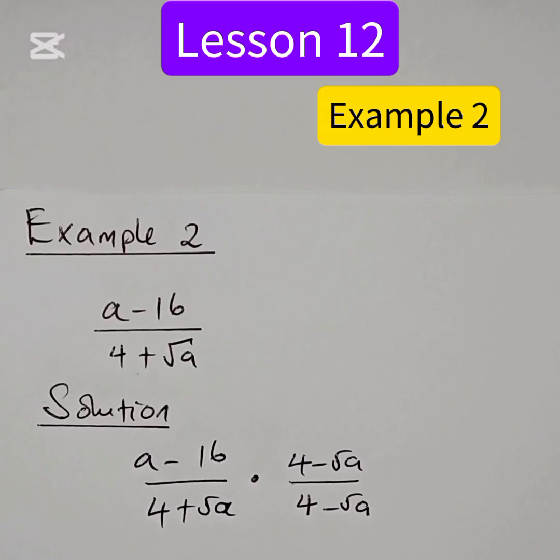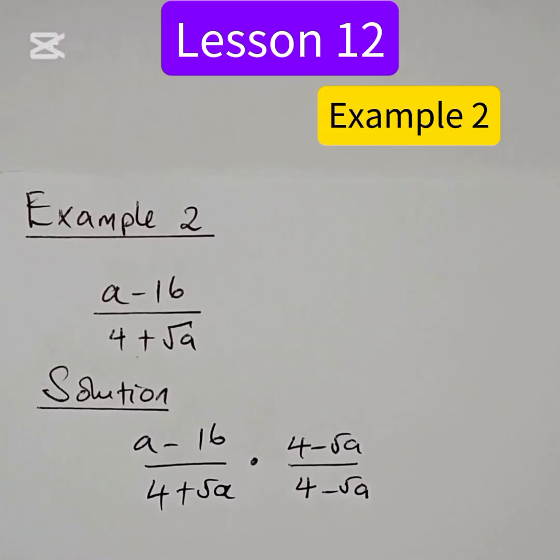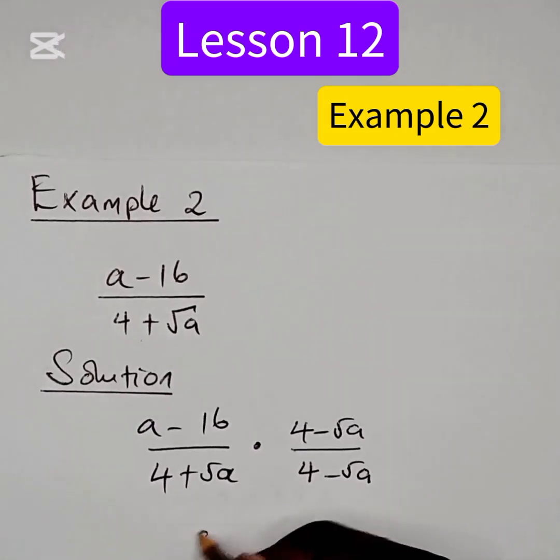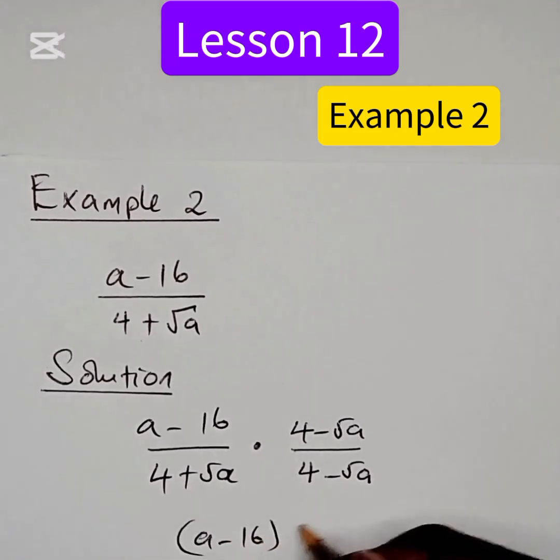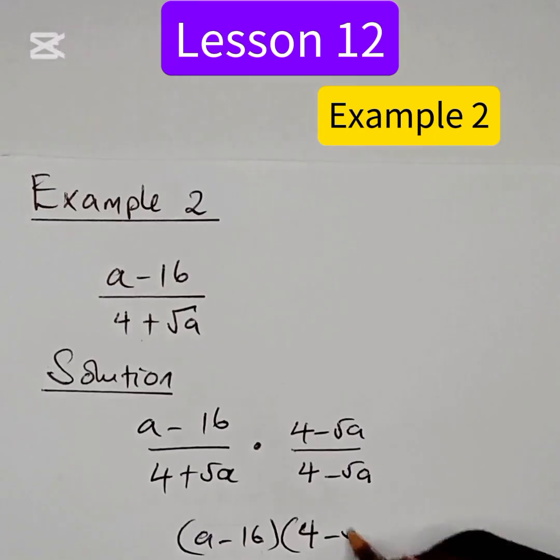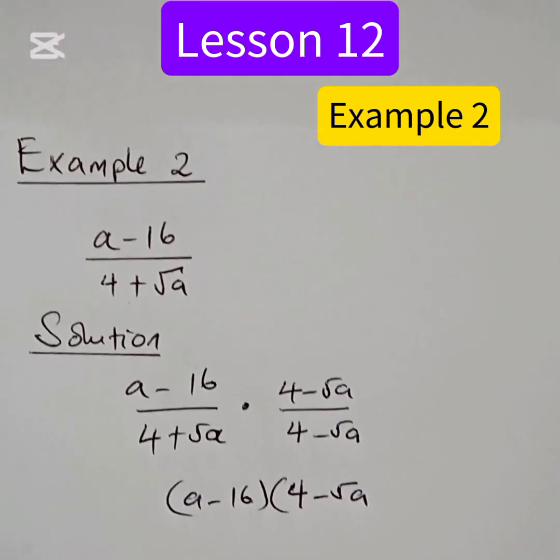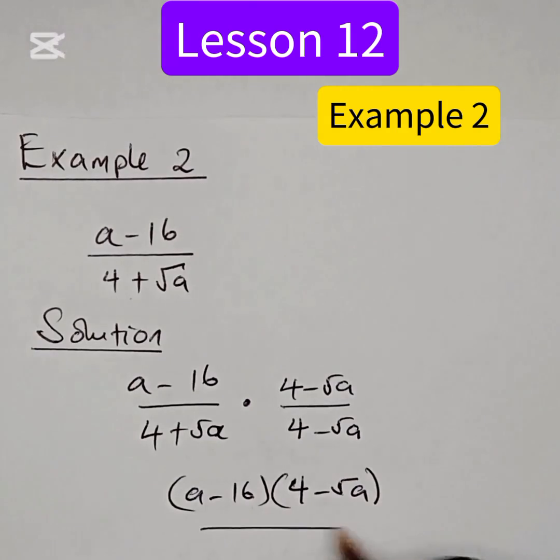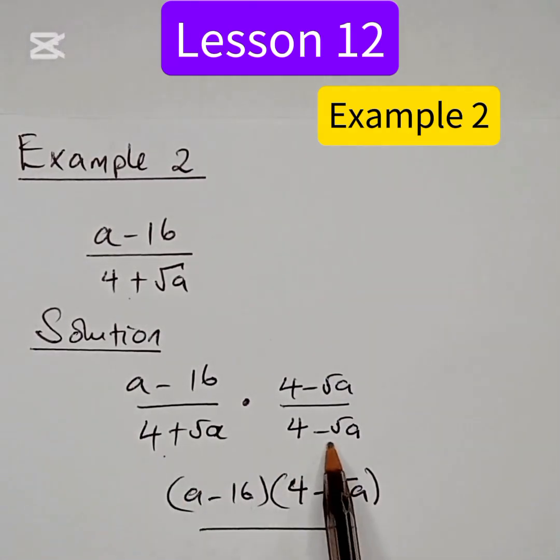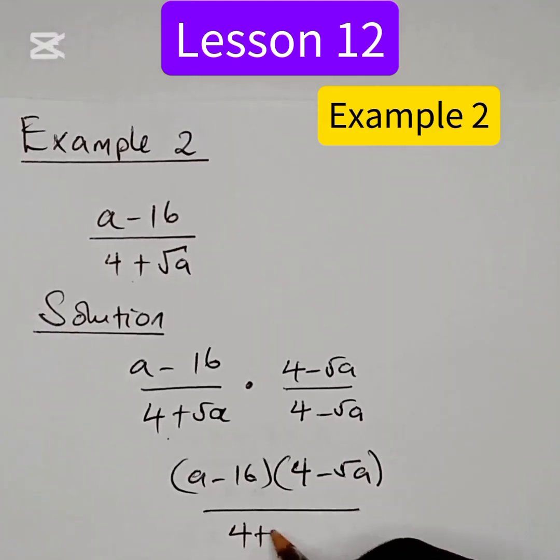Right, now let's multiply those. We are going to have a minus 16 multiplied by 4 minus root a. And that is being divided by, you know, we have a difference of 2 squares now on the denominator. We actually have 4 plus root a multiplied by 4 minus root a.